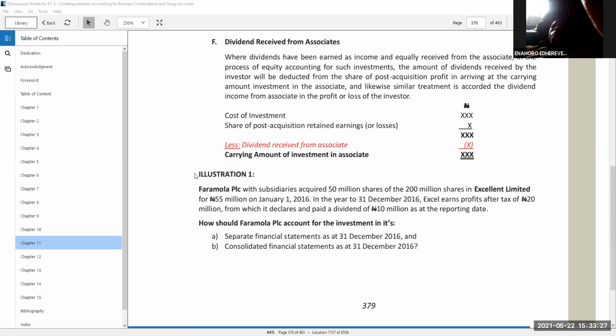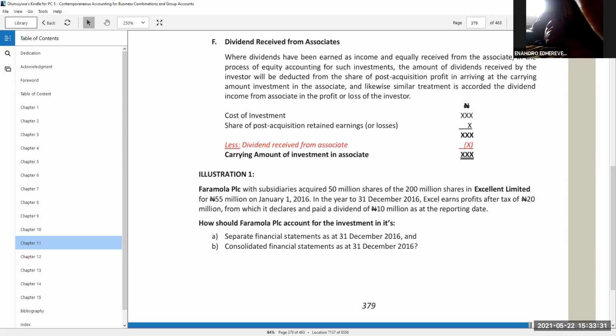Illustration 1. For Amola PLC, which with subsidiaries acquire 50 million shares of the 200 million shares in Excellent Limited for 55 million naira on January 1st, 2016.